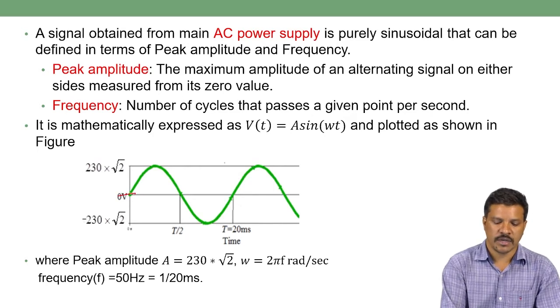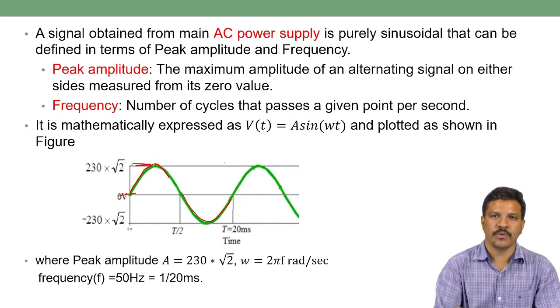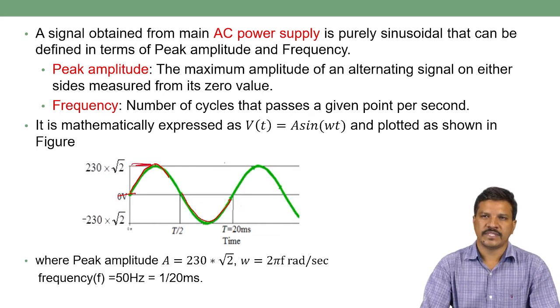So this is in the positive direction and in the negative direction. The maximum value of the amplitude of an alternating signal is represented by the peak amplitude. And frequency is the number of cycles that pass a given point per second.